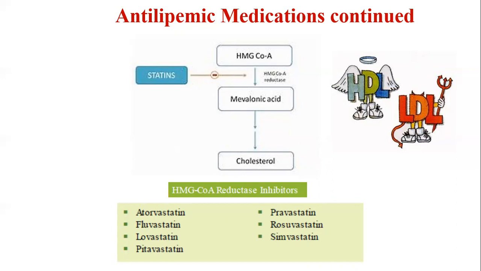First of all, I'm going to tell you how cholesterol forms. One of the molecules synthesized inside the liver is called HMG-CoA. In presence of HMG-CoA, mevalonic acid converts to cholesterol.